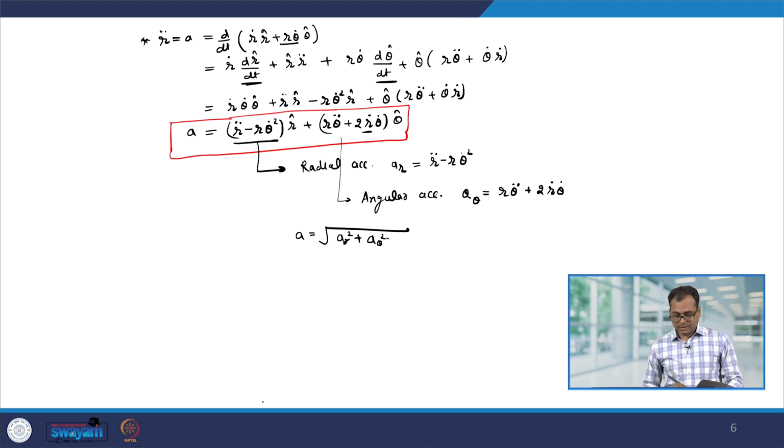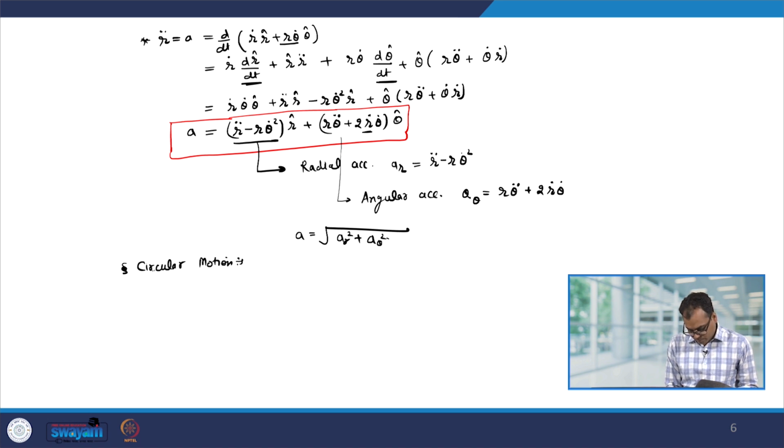Now, let us analyze the expression of velocity and acceleration for circular motion. So, for circular motion r is constant. Therefore, r dot and r double dot will be 0.